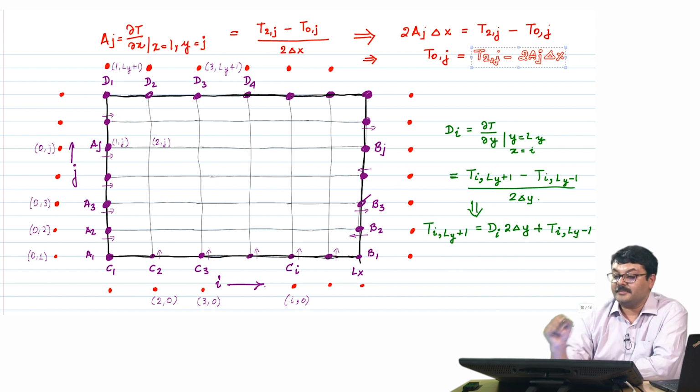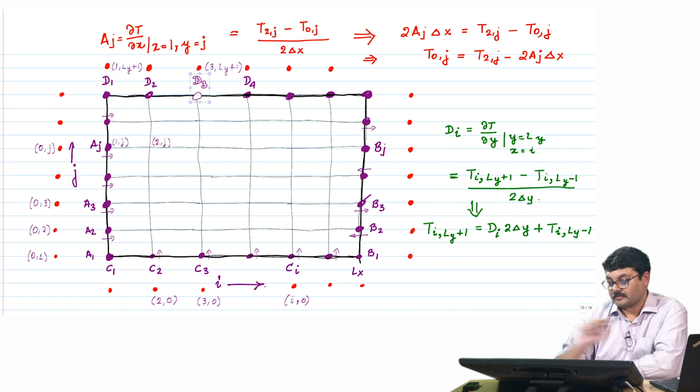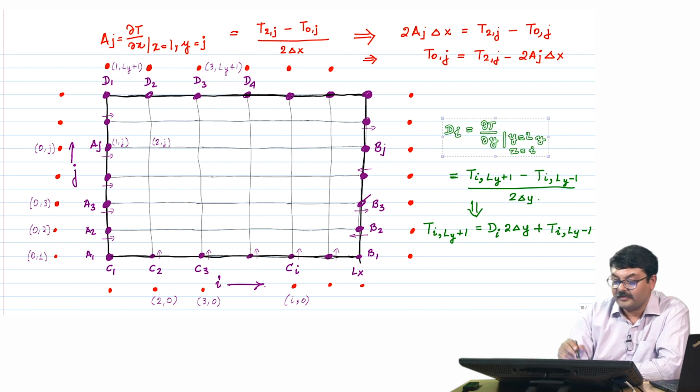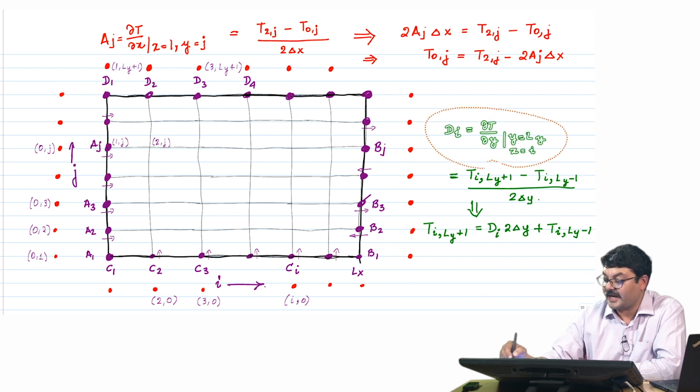And similarly, suppose you have specified the heat current along y equal to Ly, for different values of i.